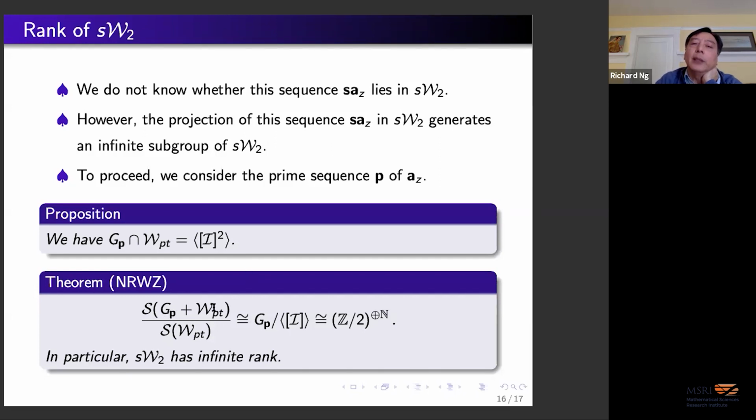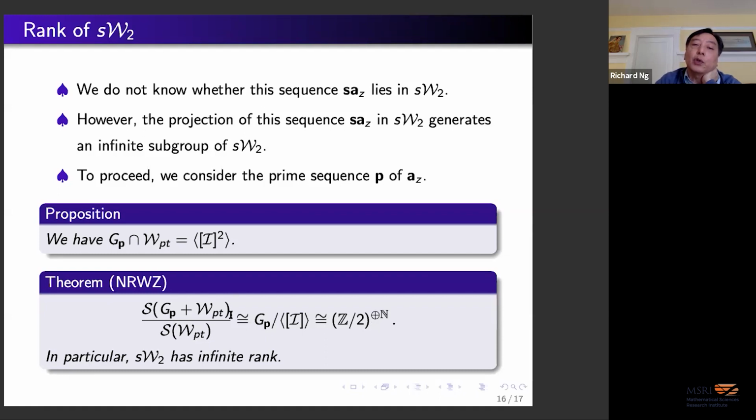Basically this part is the image of GP modded out by the super pointed part. And this is isomorphic to GP mod I, which is also isomorphic to this infinite elementary 2 group.